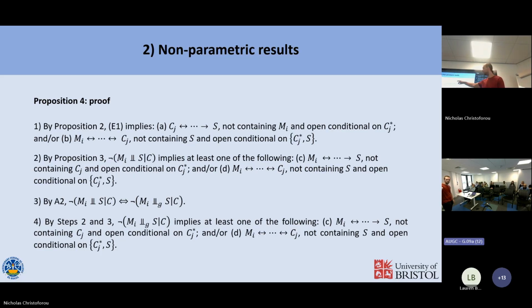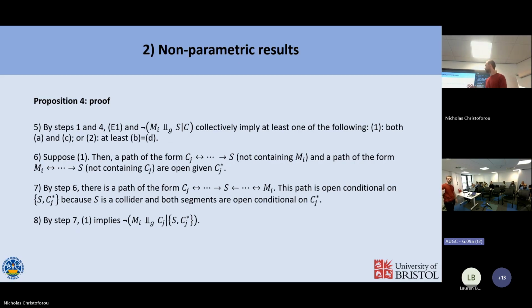But B and D are the same. So if both conditions are true, then I am in the situation where both A and C are true, or at least B, which is equal to D, is true. So I have a partition. If those two conditions are true, I am either in situation 1 or in situation 2. That must be the case. What I'm going to do now is go through case 1 and case 2 and see what happens.